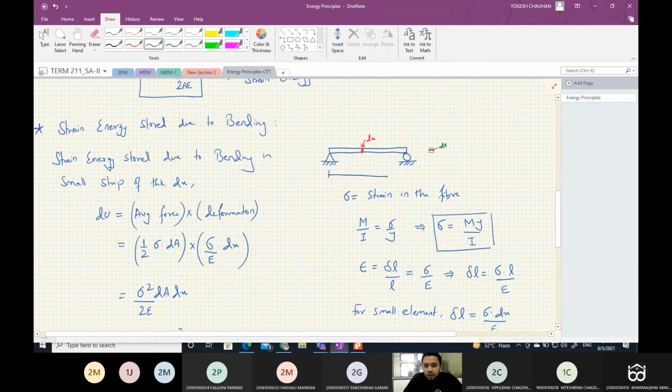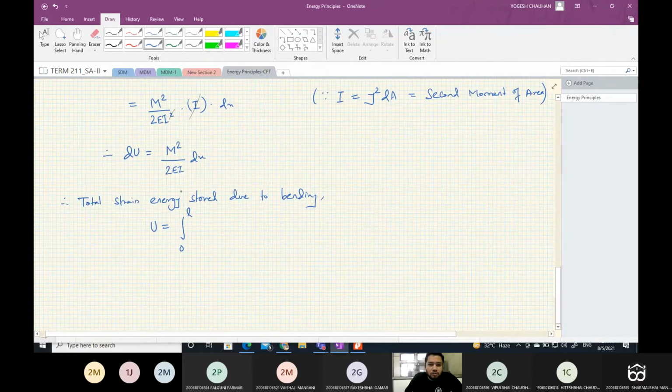Now we have to find it for the entire length of the member. The length of the member is L, so we integrate dU from 0 to L. So it will be integration from 0 to L of M square by 2EI dx.